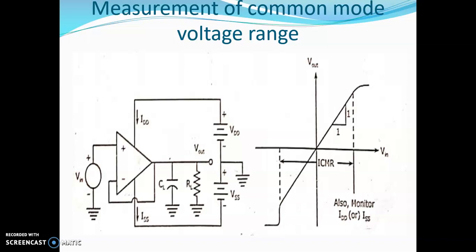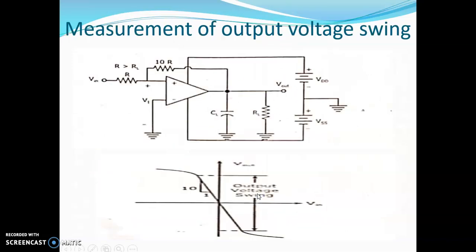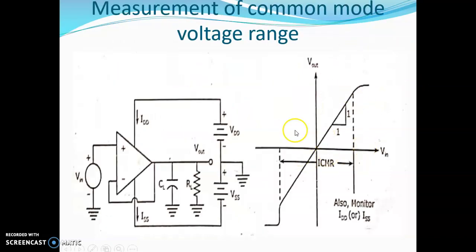The next one you can see here is measurement of output voltage swing. Here you can see there is a limit in the output transfer curve. In this unity gain configuration it is not linear.